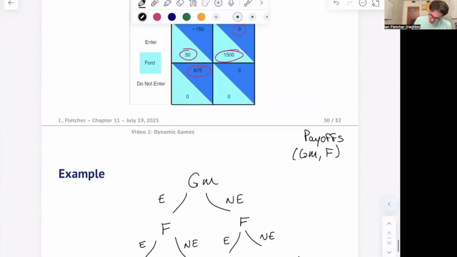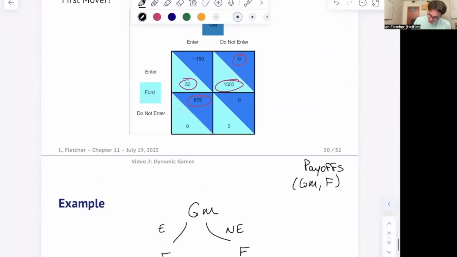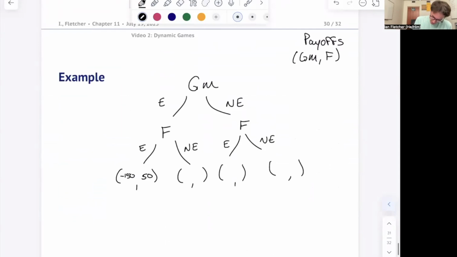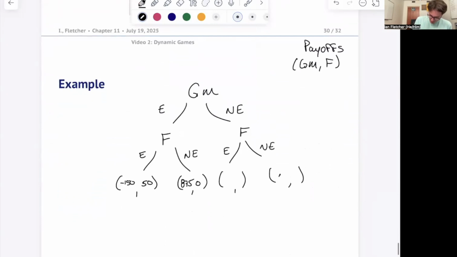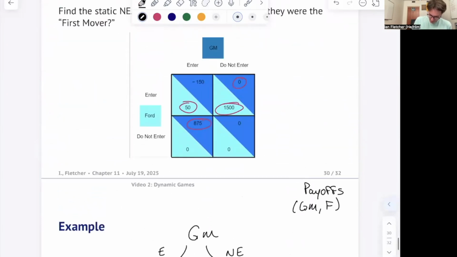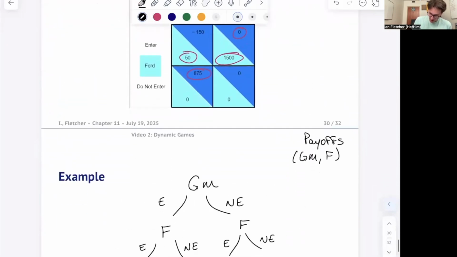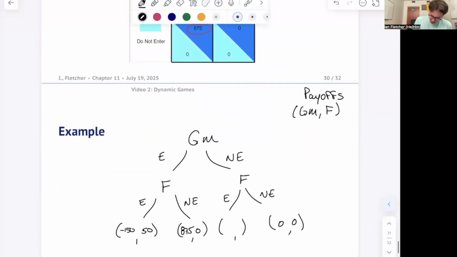If Ford decides to not enter, but GM decides to enter, Ford is going to get paid 0, and GM is going to get paid 875. If both of them don't enter, it's going to be 0, 0. If GM decides not to enter, but Ford enters, it's going to be 1500 to 0.